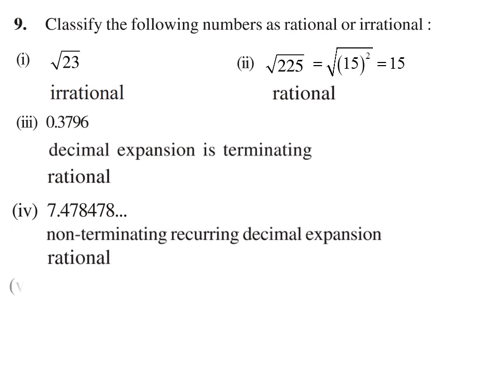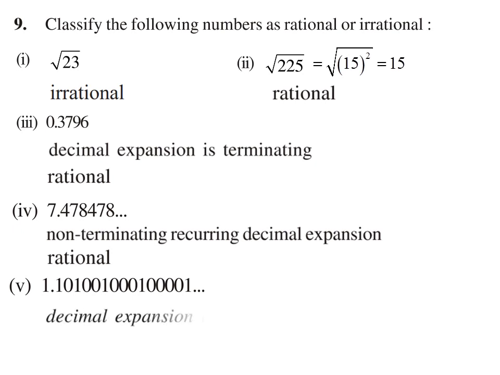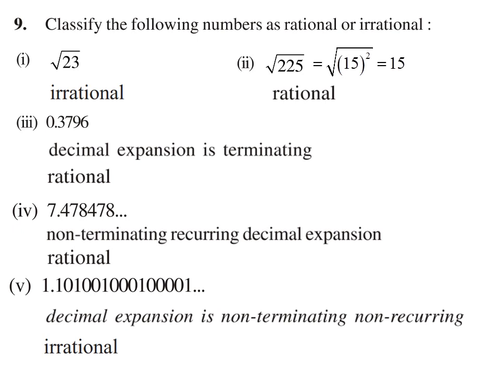And the fifth one, 1.10100100, 4 times 1, up to infinity. It is non-terminating and non-repeating. No pattern is repeating, like 0101 or 100. So the decimal expansion is non-terminating, non-recurring, and we know it is an irrational number.